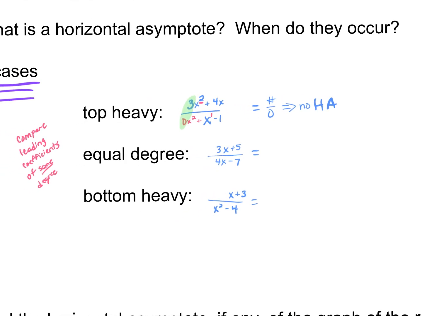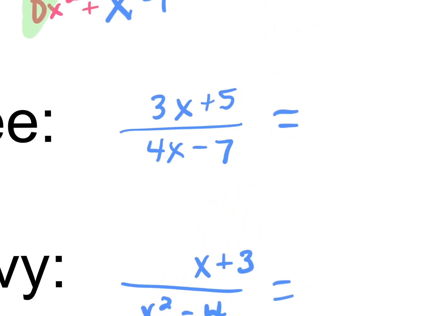Okay, if there is equal degree, so we want to compare that same degree. If we have that same degree, then in this case, what we're doing is strictly comparing these leading coefficients. And that gives us our horizontal asymptote. So in this particular case, we would have y is equal to 3 over 4.